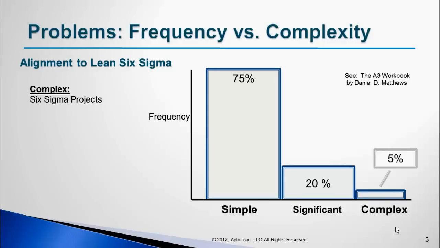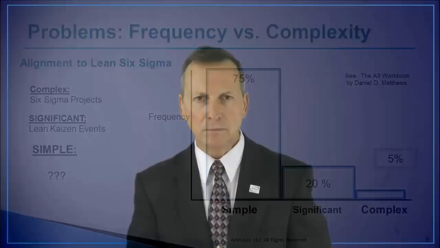The significant category roughly corresponded to the kind of issues often worked in Kaizen blitz events, things like removing obstacles to flow and reducing lead time. And now, here's the really interesting part. The 75% of the problems in the simple category didn't fit well with either Kaizen or Six Sigma. And so these frequently occurring problems didn't fit well with the tools most often emphasized in Lean Six Sigma training.